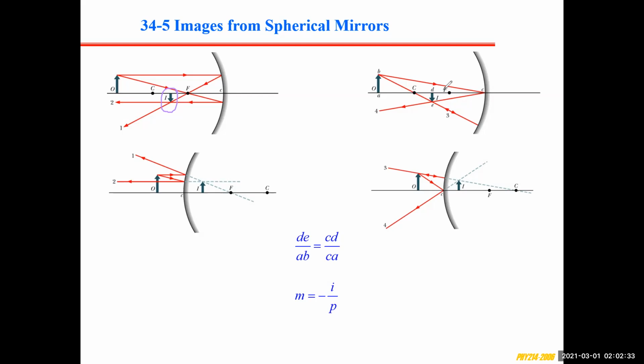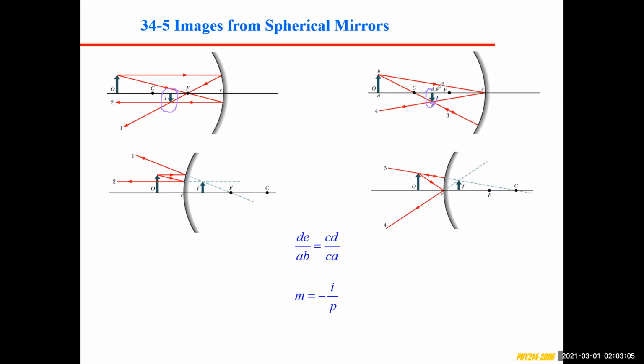Okay. Now we can have an object, and there are two additional light rays that you can use to determine where the image is formed. One is that you send a light ray through the vertex of the sphere, and it reflects off symmetrical about the central axis. So that's one light ray. Another one is when the light ray goes through the center of curvature, there's no deviation. When you look at these two reflected rays, this is where they intersect, so this is where the image is formed.